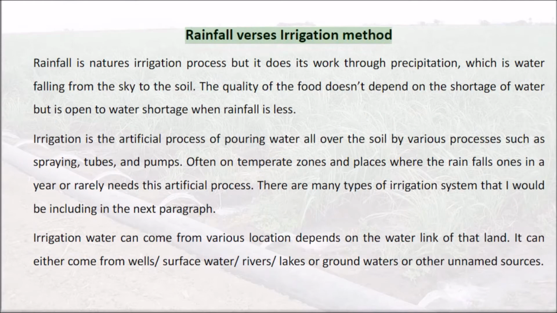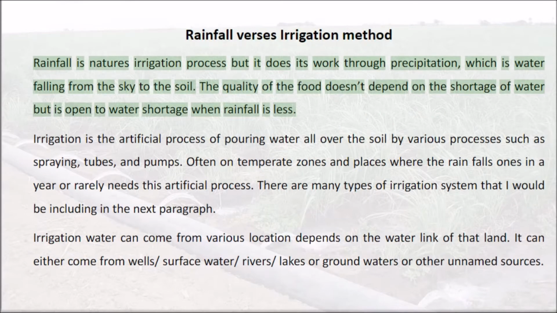Rainfall versus irrigation method. Rainfall is nature's irrigation process, but it does its work through precipitation, which is water falling from the sky to the soil. The quality of the food doesn't depend on the shortage of water but is open to water shortage when rainfall is less.